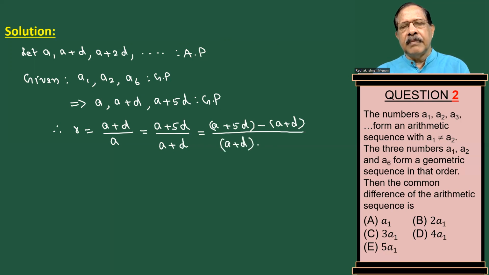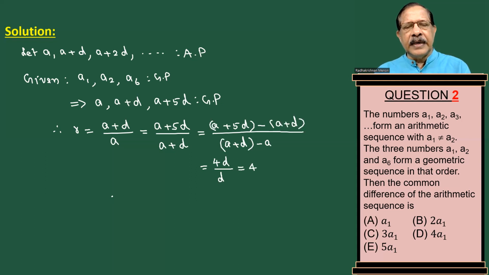So when you simplify this, a is getting cancelled, 5d minus d is 4d, and in the denominator we are getting d, so the ratio is equal to 4.